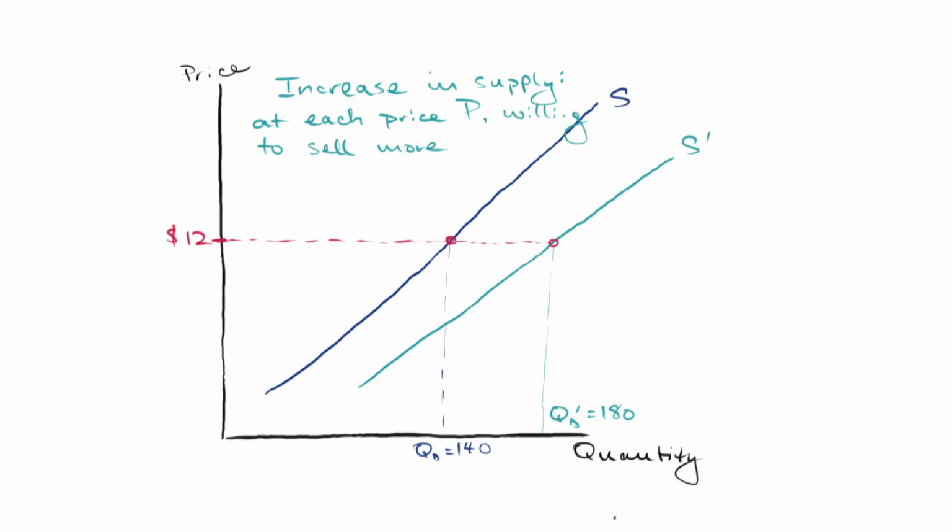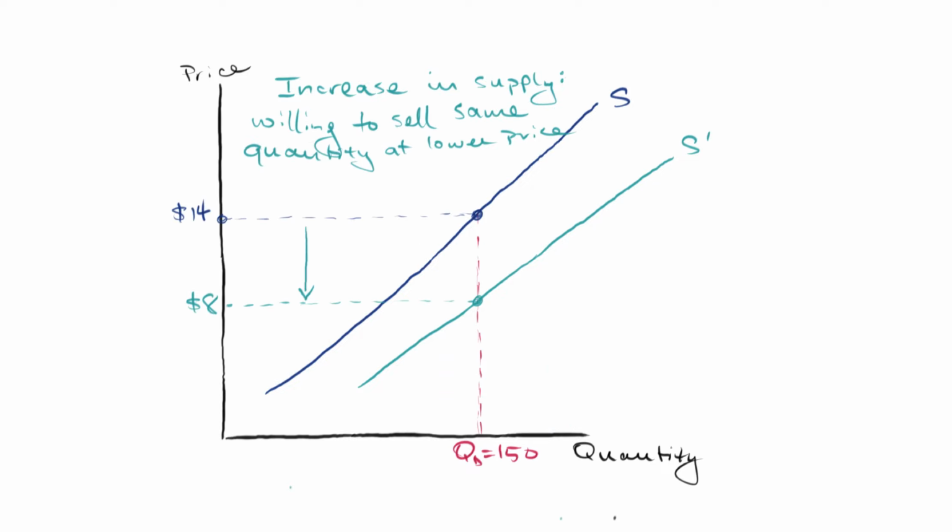Okay? And at any price, the light blue curve says that a higher quantity would be supplied. Okay. So, the other way to think of an increase in supply is that the producer would be willing to sell the same quantity at a lower price. Okay? So, for a quantity of 150, initially on the dark blue supply curve, this producer would have been willing to sell 150 widgets at a price of $14.